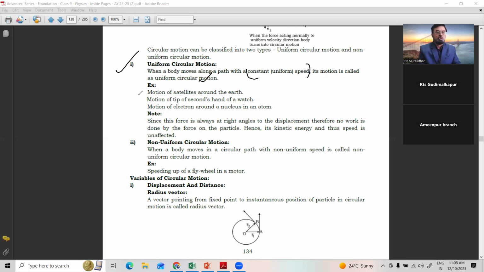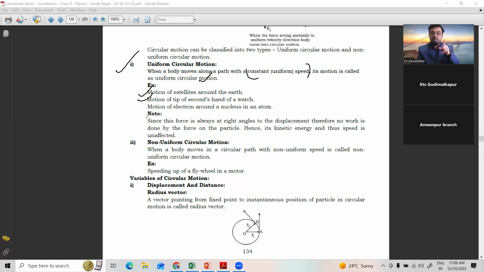Examples are the motion of a satellite around the Earth, the motion of the second's hand in a watch. On a wall clock, if you observe carefully, the second hand moves uniformly, meaning every 60 seconds it makes 1 minute.